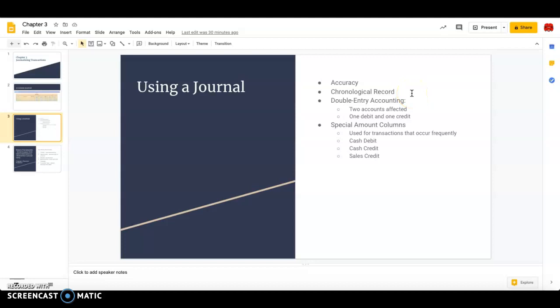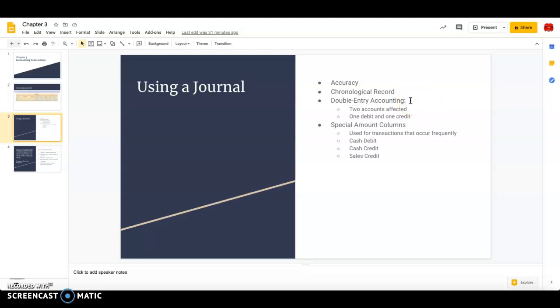It's going to show everything that goes on in our transactions, starting from the beginning of the month, working our way to the end, and then going to the next month. So it allows you to look back and say, what happened on this day? And you have proof that that's what happened. It just keeps track of everything that goes on in your business.